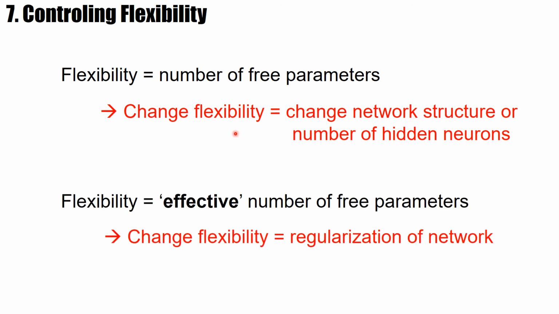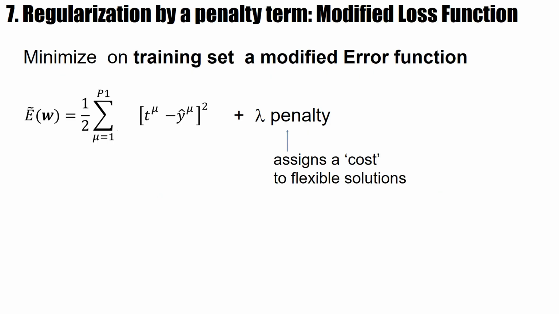Instead of changing the number of free parameters, we keep the actual network structure, the actual number of free parameters the same, but we introduce something like an effective number of parameters. And this is how it works. We use on the training set a modified error function. This is our normal part, and this is the extra part, which assigns a cost, a penalty, an error to very, very flexible solutions.